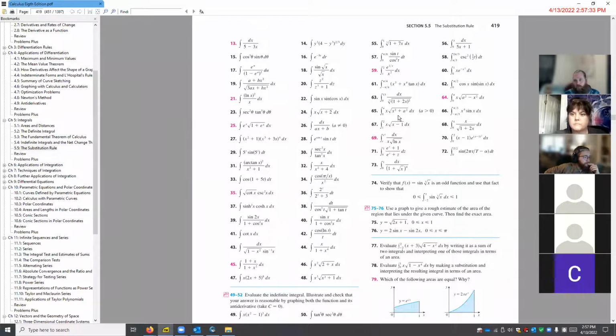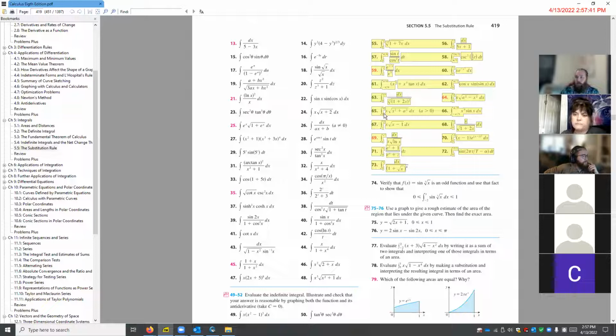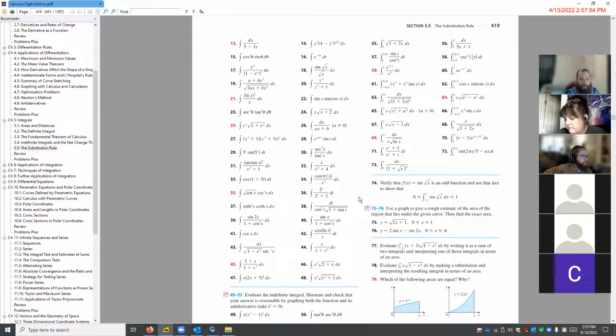What looks hard? You tell me, what looks hard? What from this list of definite integrals over here, what would you not want to see on exam 3? 70? Let's do it. 72. Oh, 72. Okay. Sure.